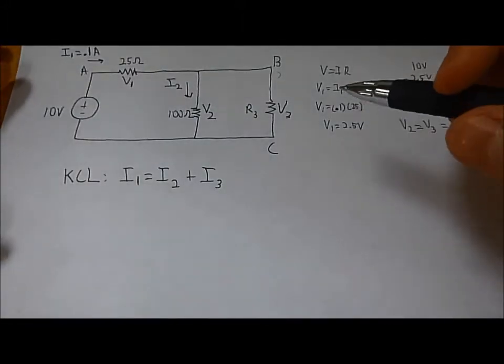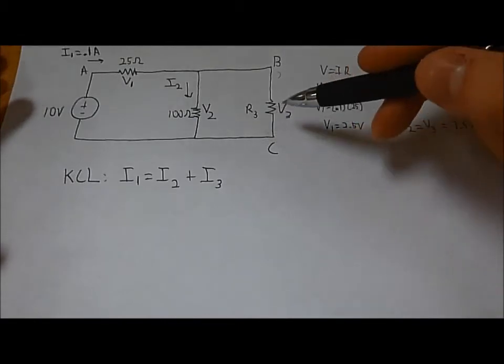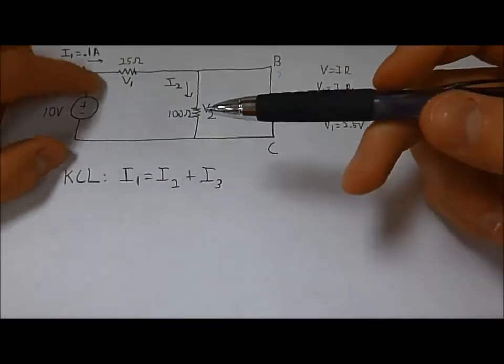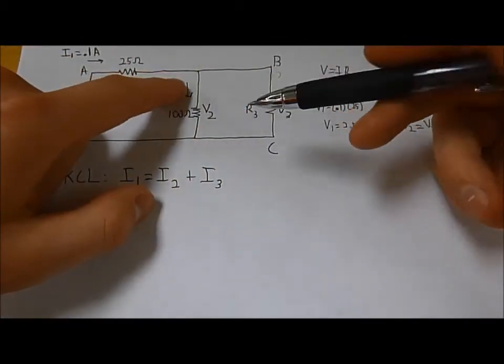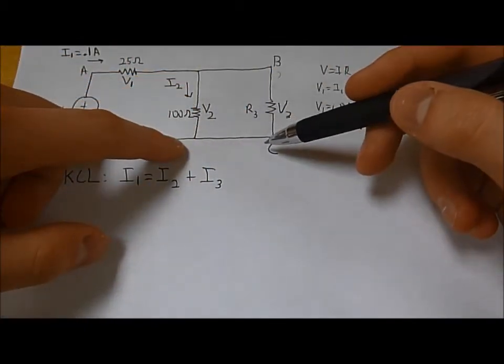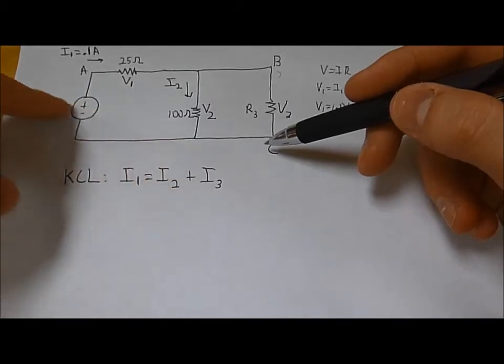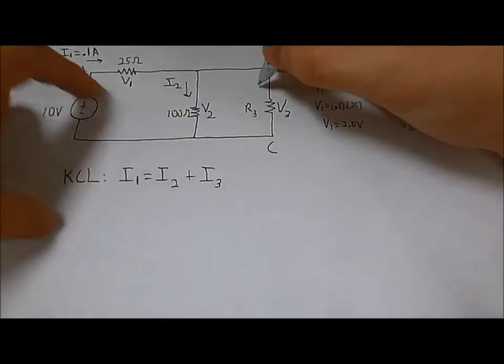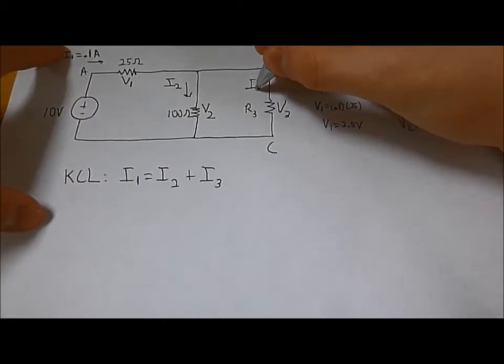Now we will use KCL to determine R3. KCL states that the current entering node B has to equal the current exiting node B. This means that I1 will equal I2 plus I3.